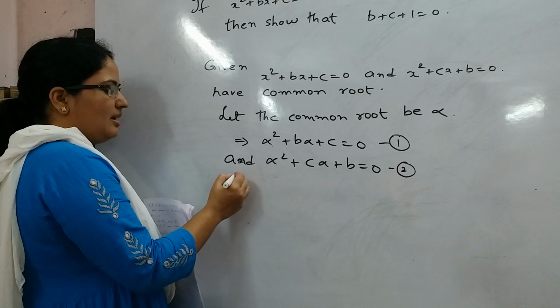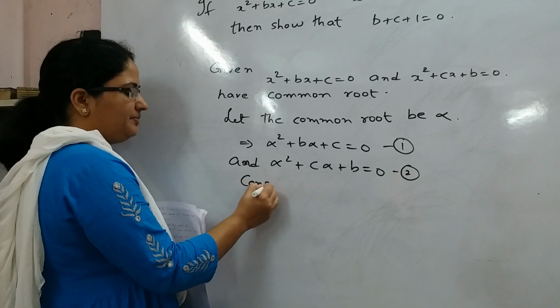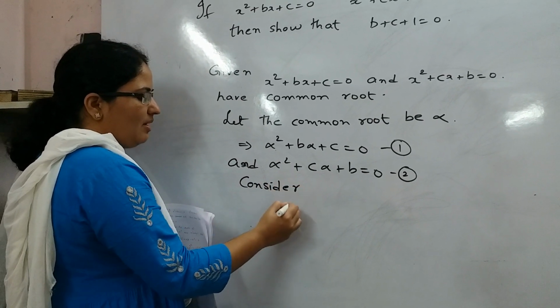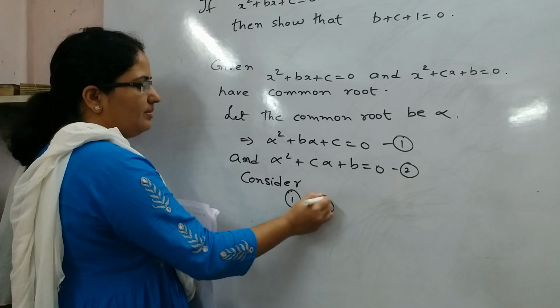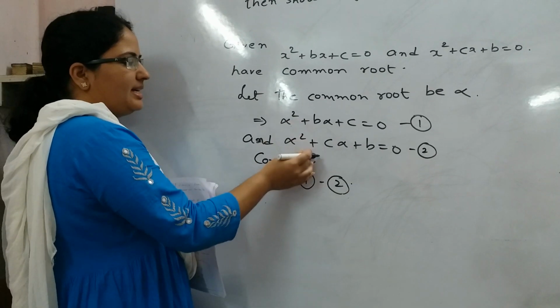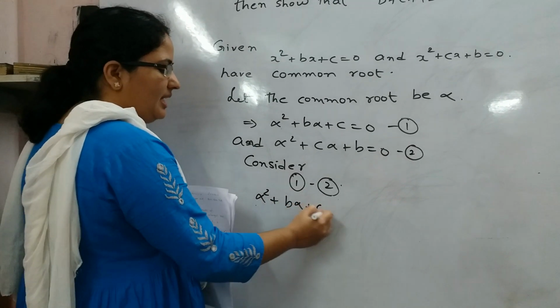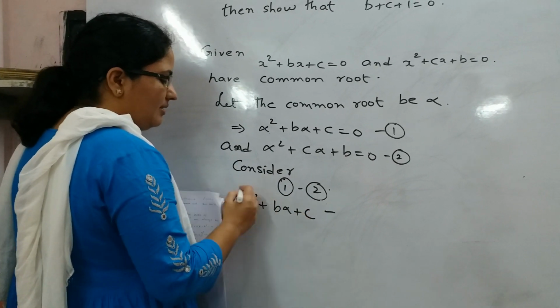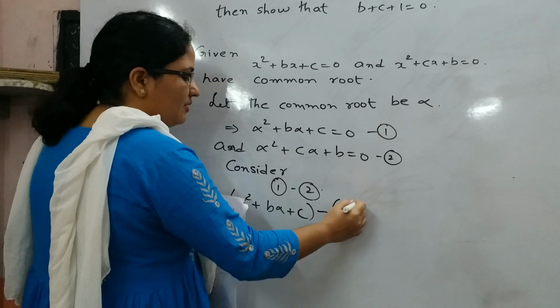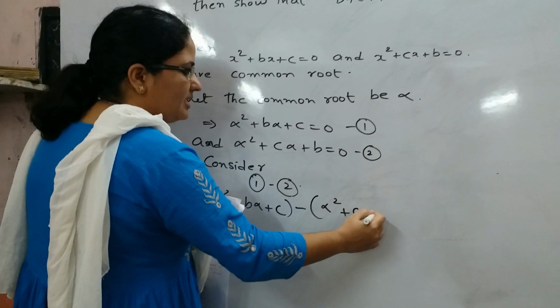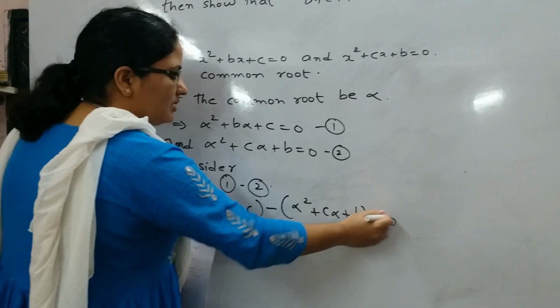Right. Now consider 1 minus 2. We are subtracting these two equations. Alpha square plus b alpha plus c minus alpha square plus c alpha plus b is equal to 0.